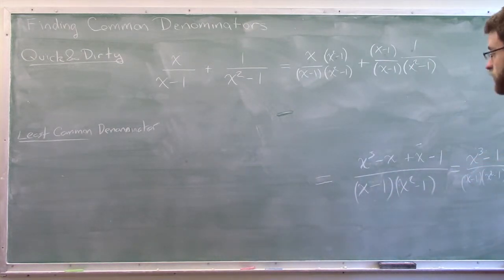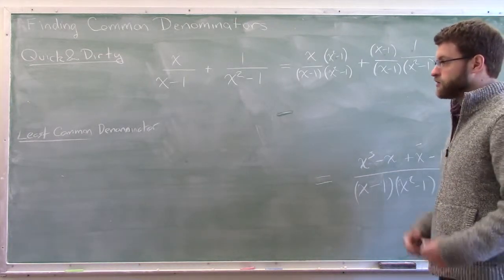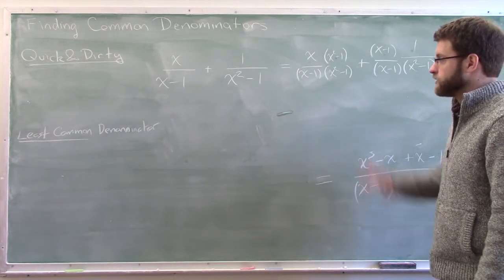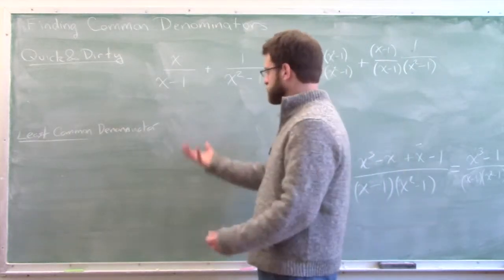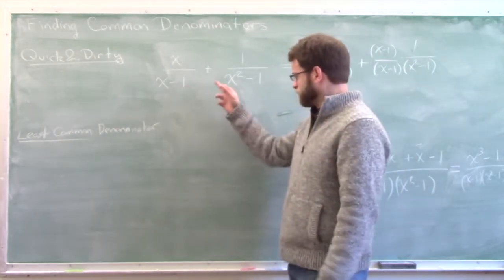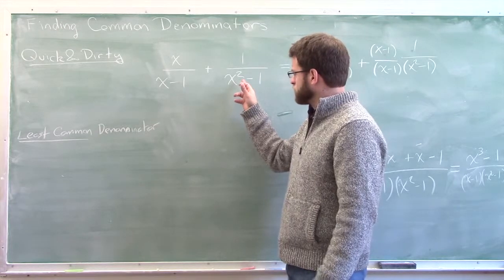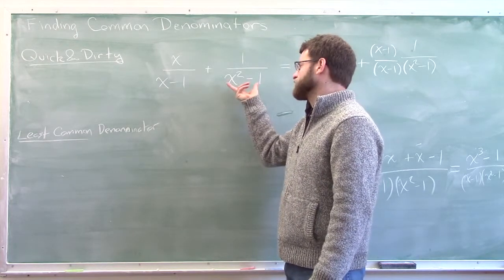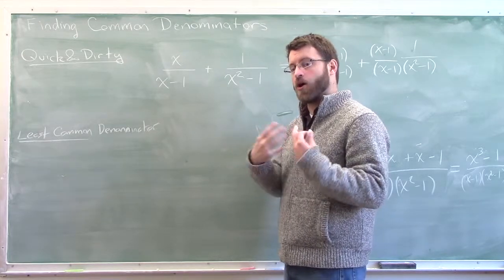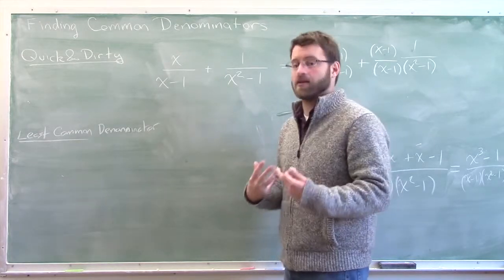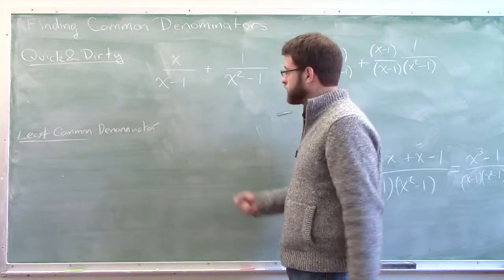Okay, that's fine, there's nothing wrong with that, but it turns out that that can be simplified quite a bit. So let's look at this just by finding the least common denominator of these two rational expressions. Or the least complex, really, not the smallest necessarily. Okay, so to do this using least common denominators, I just need to factor each of the denominators. I want to break it down into component parts and only multiply by what I need to make the denominators identical.